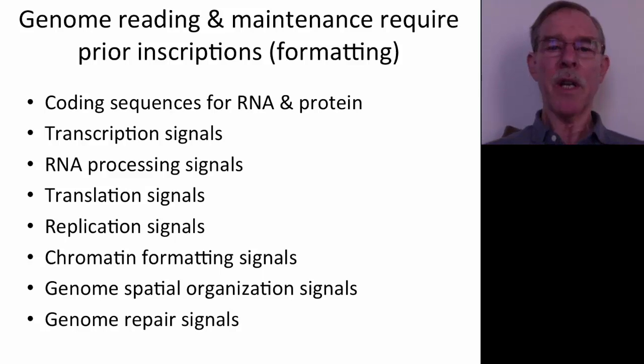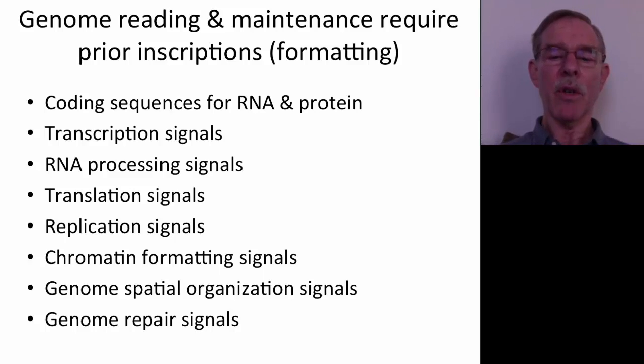We're learning a great deal recently about how important genome formatting is to genome function, both in terms of expression and recombination, and replication and transmission. And finally, signals that help the cell repair damage to the genome when that damage occurs.